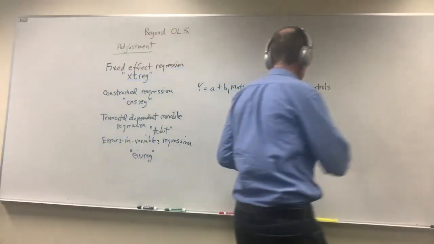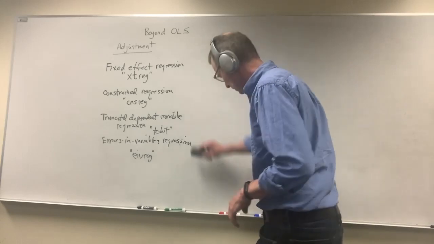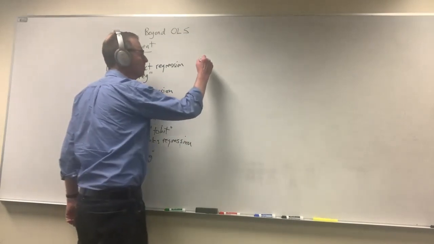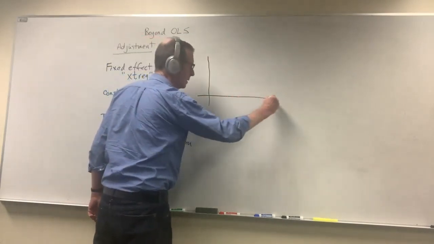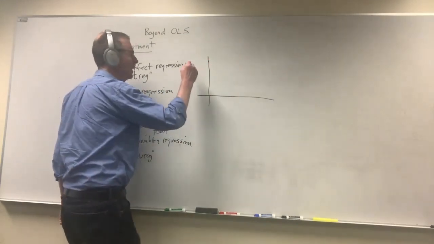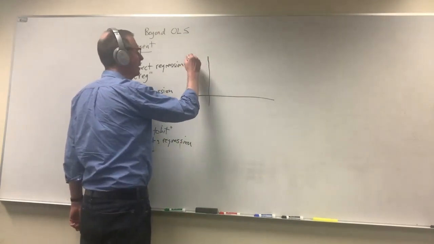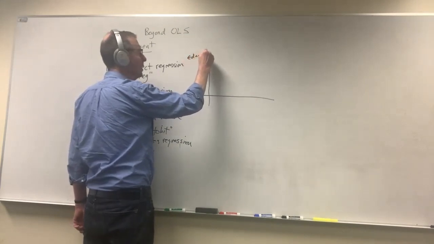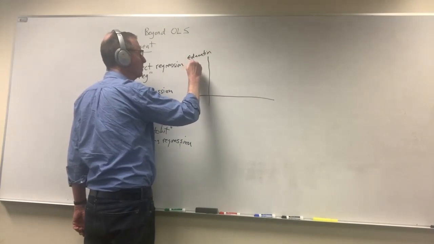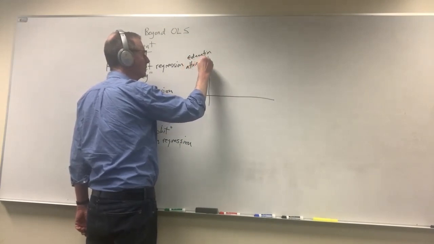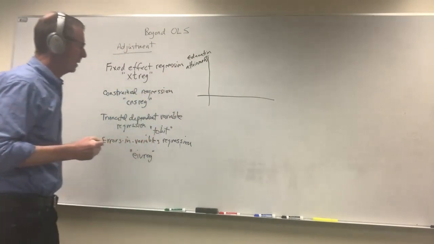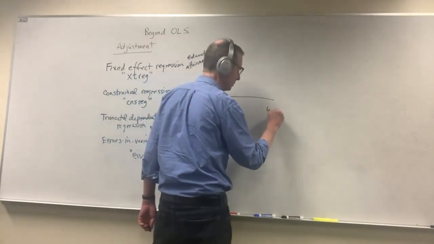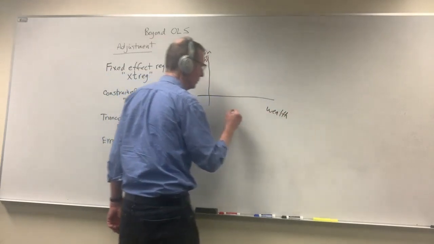By truncated, we mean that, let's say, we're looking at years of education as a function of family wealth.